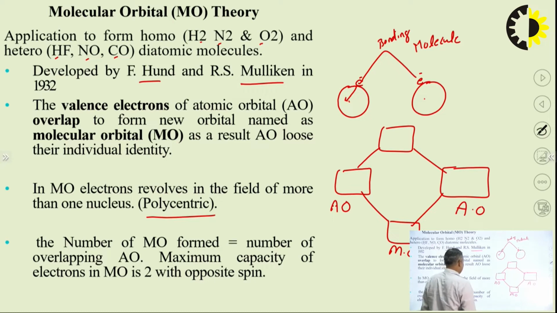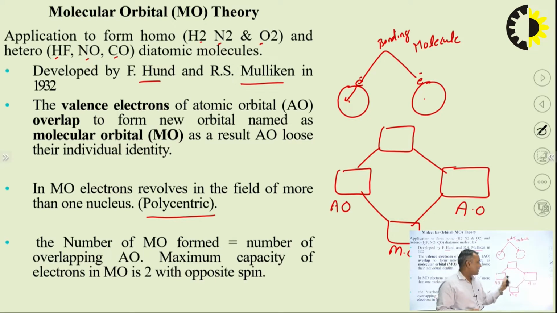Another thing, the number of atomic orbitals, for example, here I have two atoms, so I have two atomic orbitals. The number of atomic orbitals is always equal to the number of molecular orbitals.